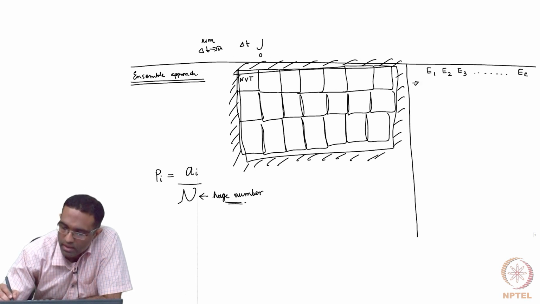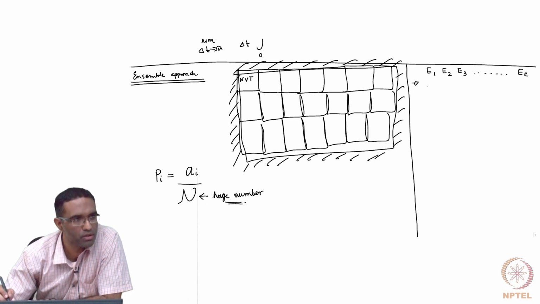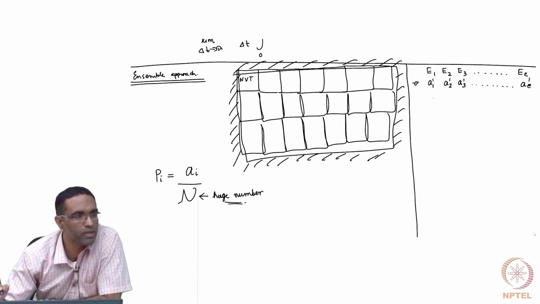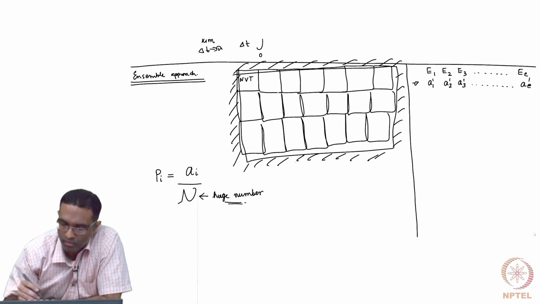And one possible distribution is that there could be, say, A11 number of ensembles in energy E1, A21 with energy E2, A31 with energy E3 and so on, and AE1 with energy EE.